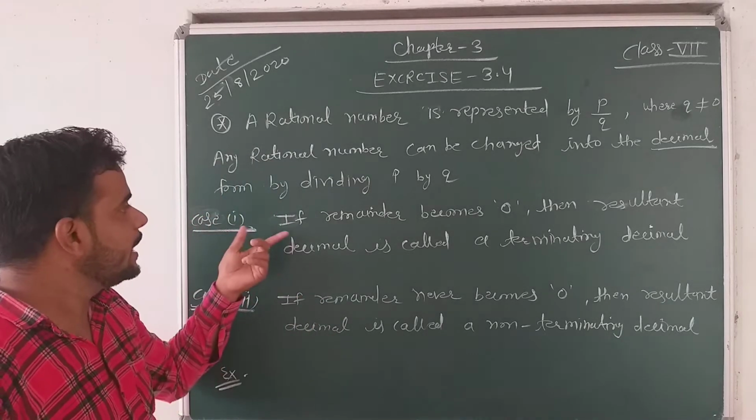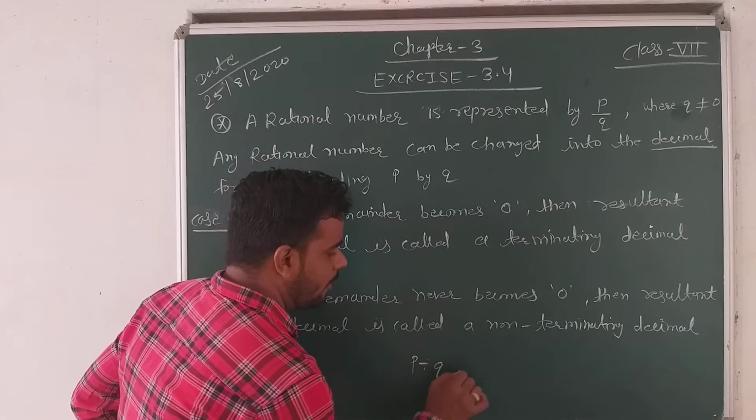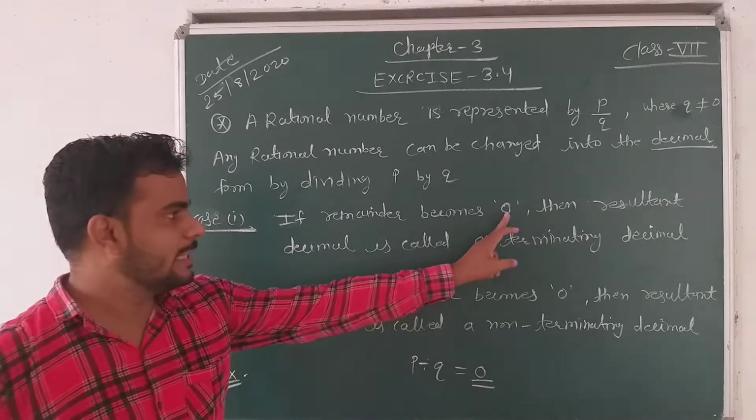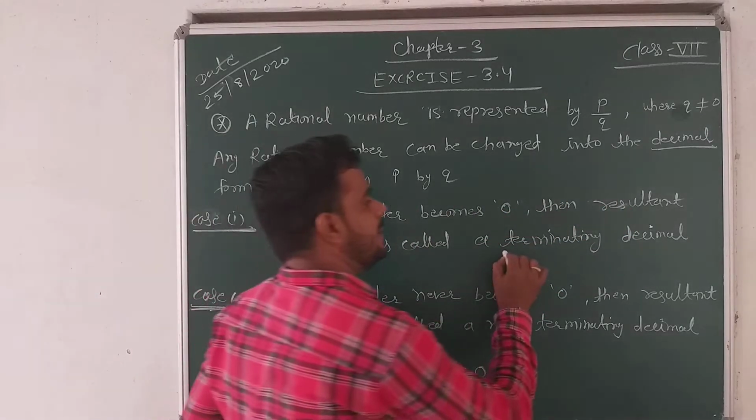First one: when we divide p by q, if the remainder becomes 0, then the resultant decimal is called a terminating decimal.